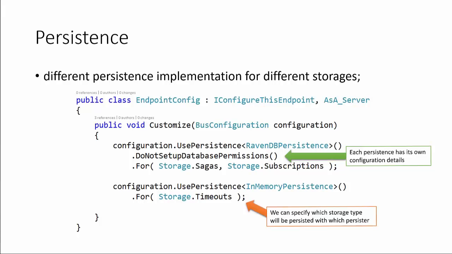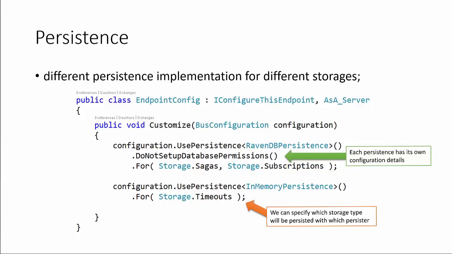So now you can write something like configuration.UsePersistence, RavenDB persistence. And this will give me back a persistence settings instance that is related to RavenDB, and we can call DoNotSetupDatabasePermissions in order to ask NServiceBus to not try to add your user to my database.